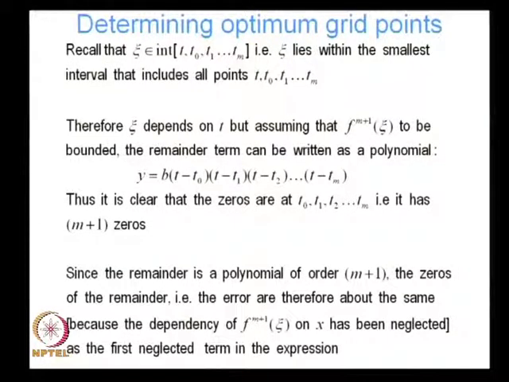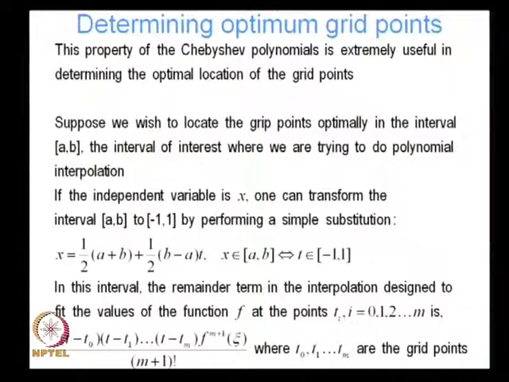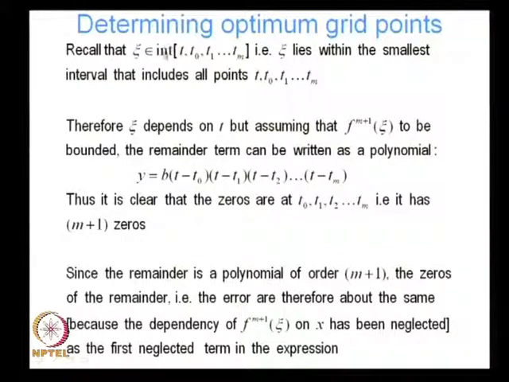Now, suppose there is a dependence in this error term on t, because first of all xi must belong to an interval which is the smallest interval that includes all these points, right. So, xi depends on t, right.